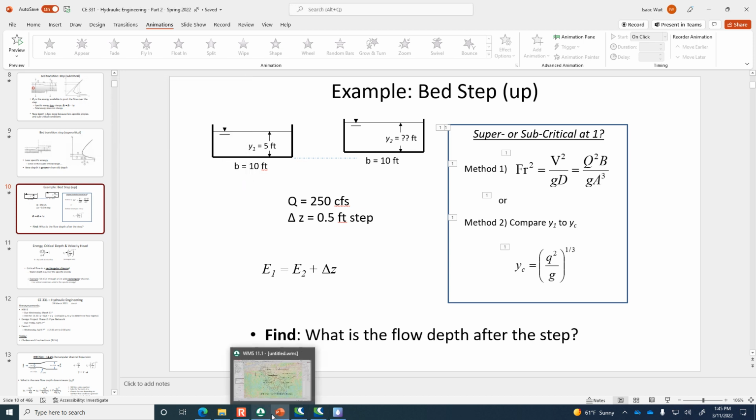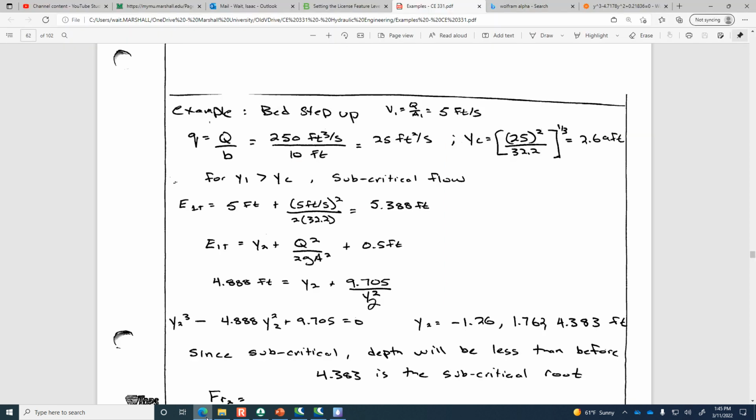So E2 is 5.388 feet minus 0.5, so that is 4.888 feet.